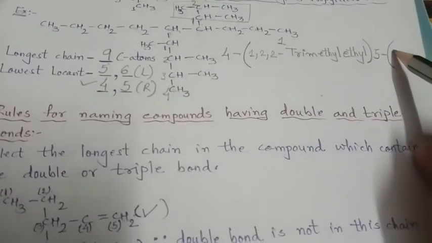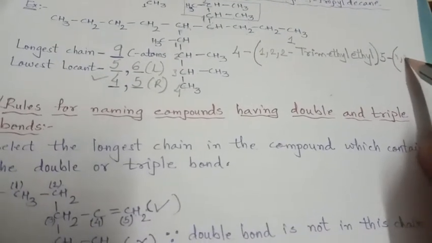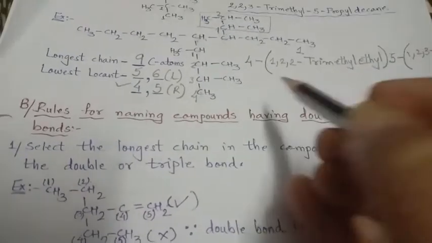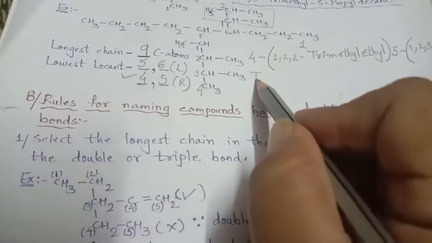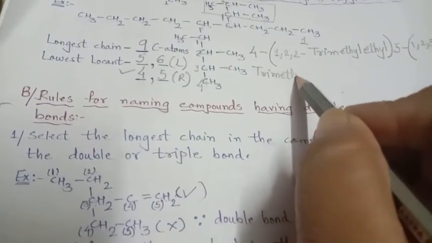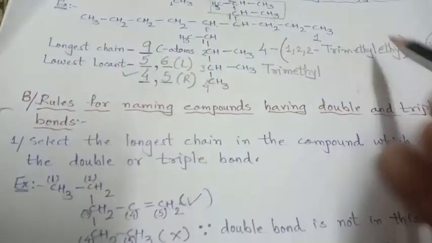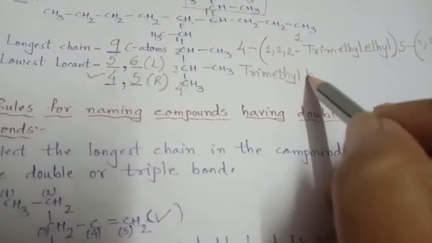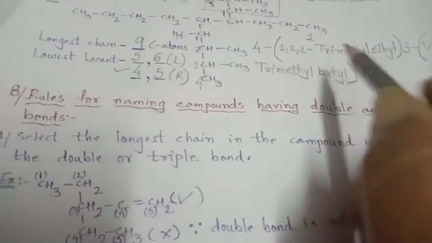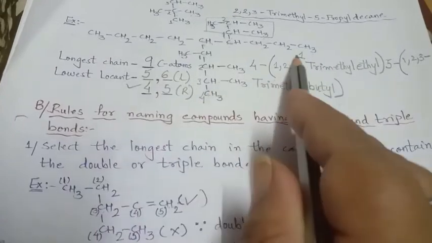So here also what we will do? 1, 2, 3. See, no space is there, so I will continue here. Here also trimethyl and total 4 carbon, so 1, 2, 3, 4. So it will be butyl. Clear? And bracket close.